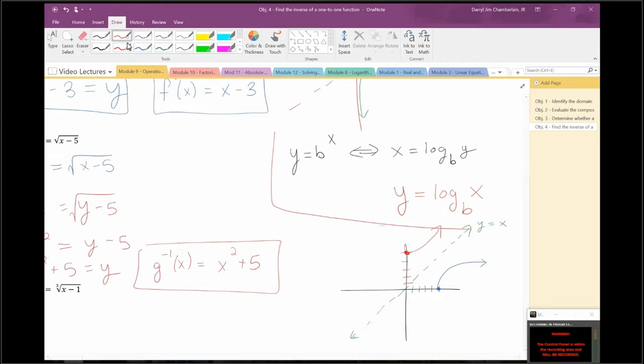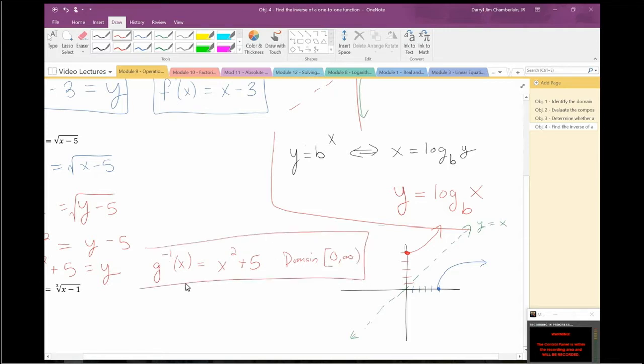So how can I make this x squared plus 5 look like this one piece? And it's all about that domain. So you can see here my domain in this case should be from 0 to infinity. And that's our real answer.